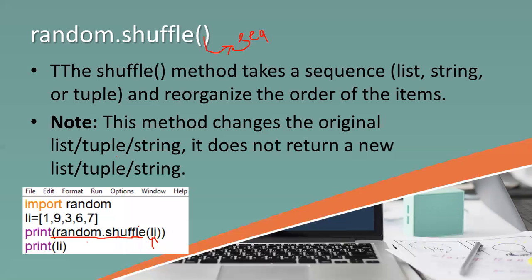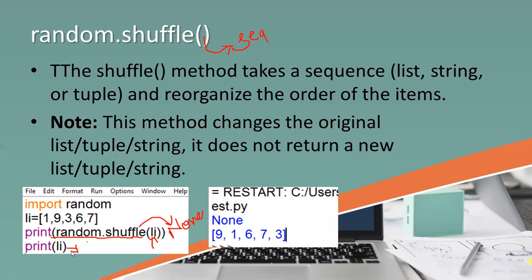Since it is not going to return any value, we will get None for this statement. But for the list, we are going to get a reordered list or the changed list. Here you can see that the list elements are reordered. So it may be in any order. Randomly it is organizing the data of the sequence.